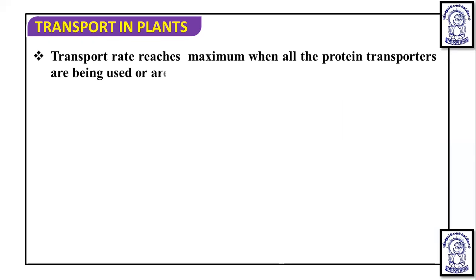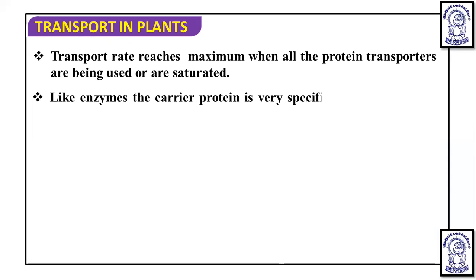Now, when transport occurs in active transport, the transport reaches its maximum, as we have seen in the case of facilitated diffusion. When all the protein transporters are being used, it is known as saturation. So transport saturation occurs when all the transporters are being used and the transport reaches its maximum, and that occurs in active transport as well.